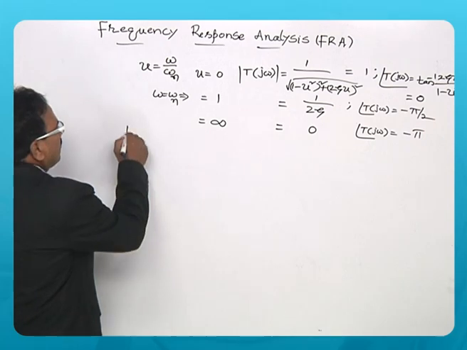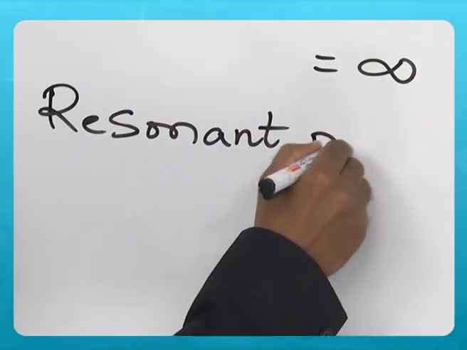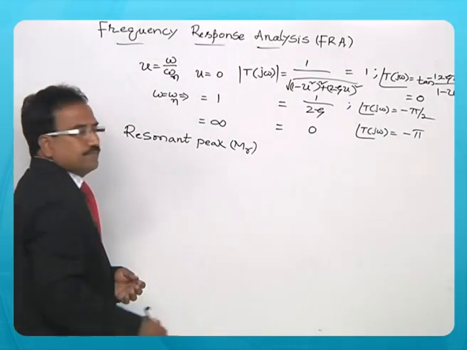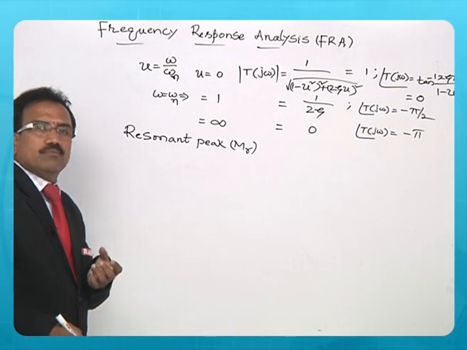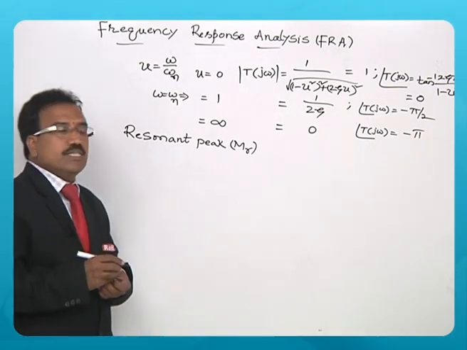If I am interested to know the resonant peak, this is given by M R, the maximum value of the magnitude. This can be obtained at resonant frequency.